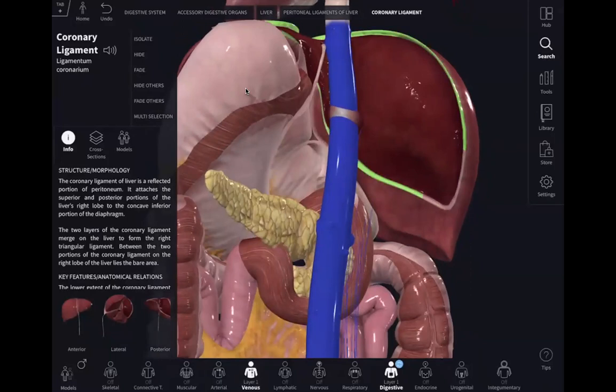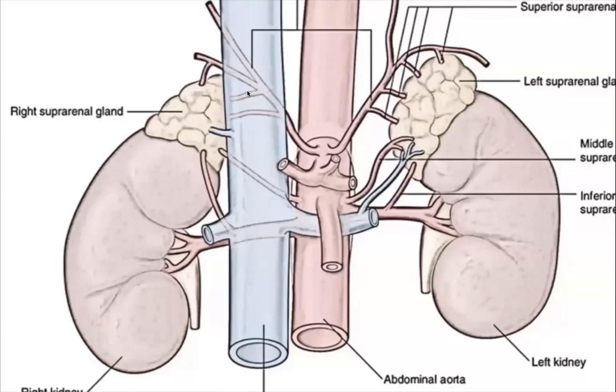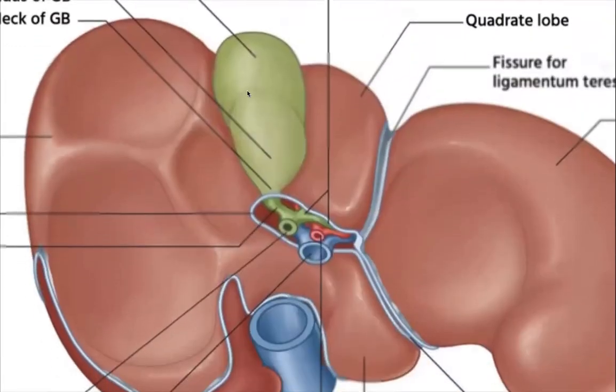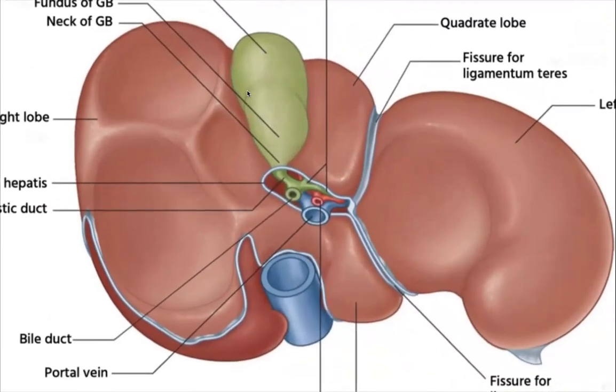If you make a line from the fossa of the gallbladder towards the inferior vena cava, as you can see, like this, this will divide the liver surgically. A line passing from the inferior vena cava to the fossa of the gallbladder will demarcate the liver surgically. This is the surgical demarcation. Clear?